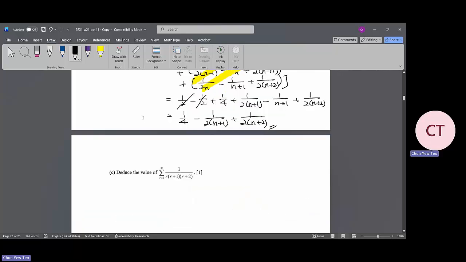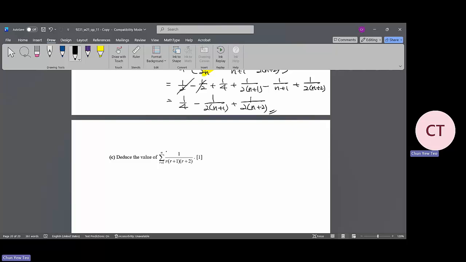Then I move on to C. We want to deduce the sum of the series over here when n is approaching infinity. So what you need to do is write this sum to infinity as the limit of n approaching infinity of the expression that we have found in part 2.